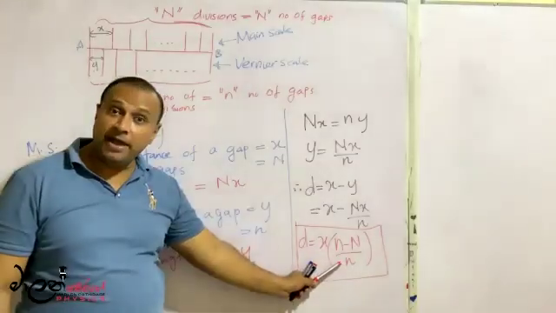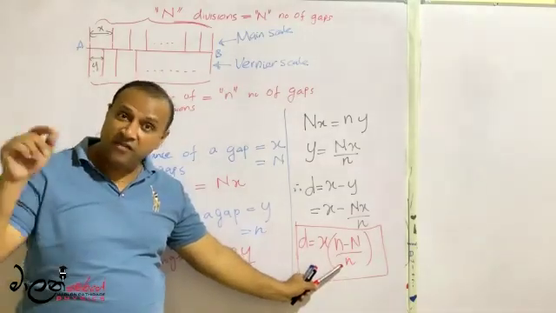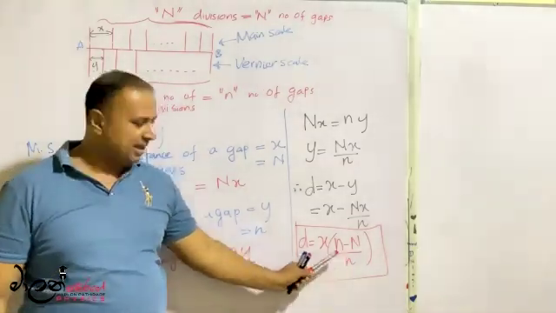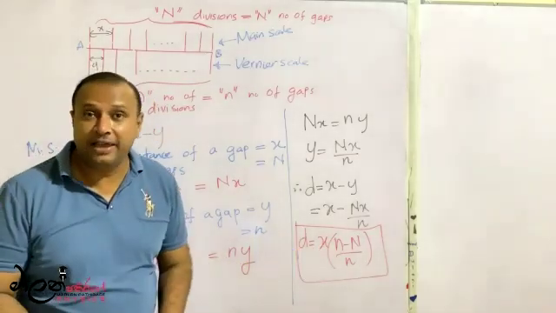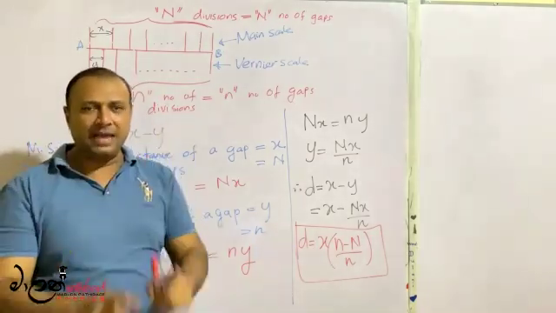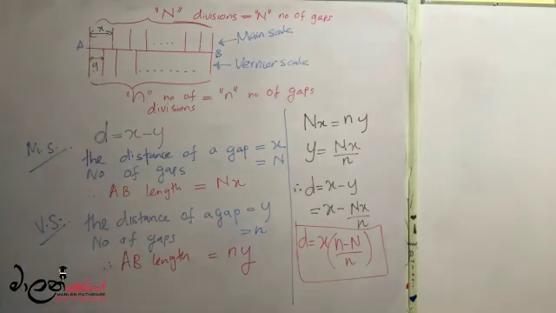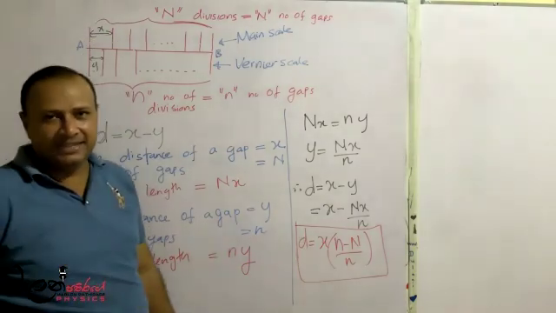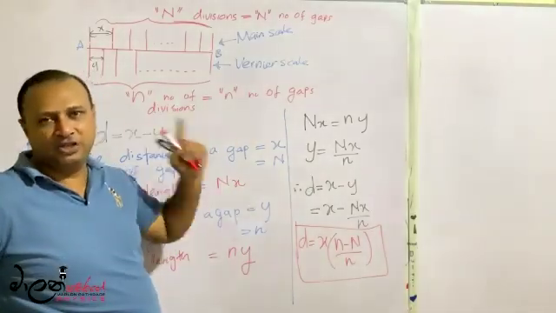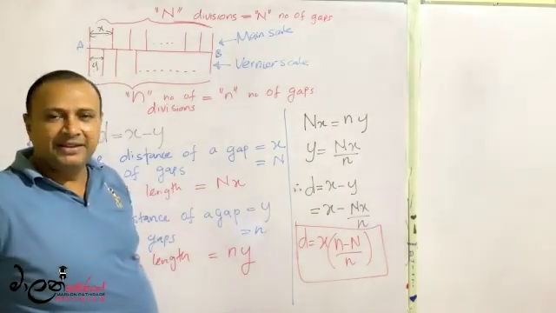It is divided by the number of divisions in the vernier scale, and multiplied by x, the gap between two consecutive marks in the main scale, which is the value of a division in the main scale. Are you clear?